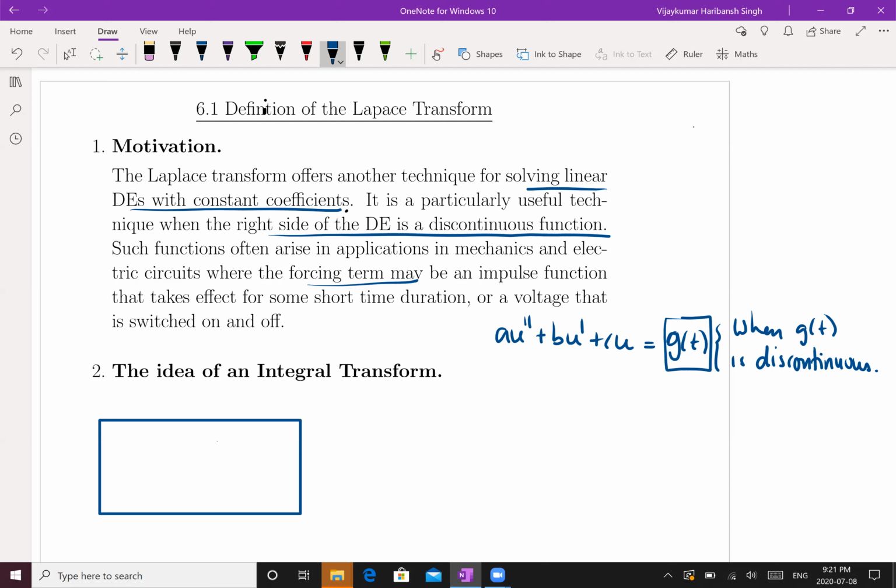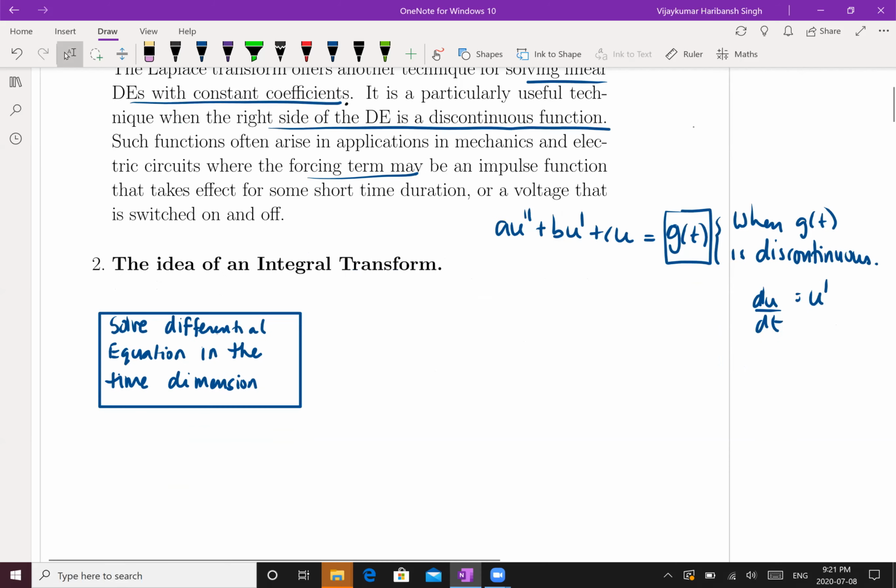So let's see what the idea is behind this. We want to solve a differential equation in the time dimension. In the time dimension, you have du by dt, that is your u prime, and you're solving for u as a function of t.